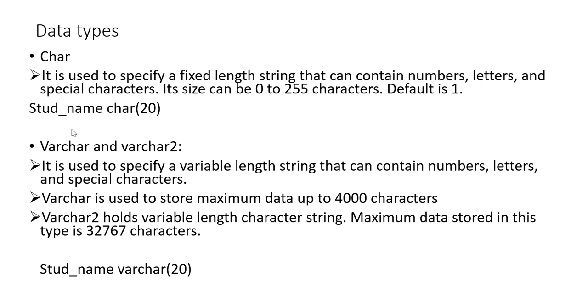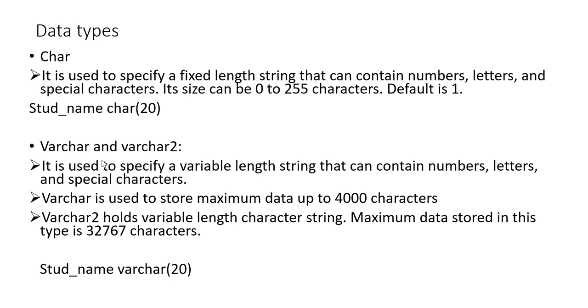This is the actual column name which we are going to store in the database. After the column name, you need to specify the data type. So we use the data type char, and this is the size. Maximum 20 characters you can store in this column.